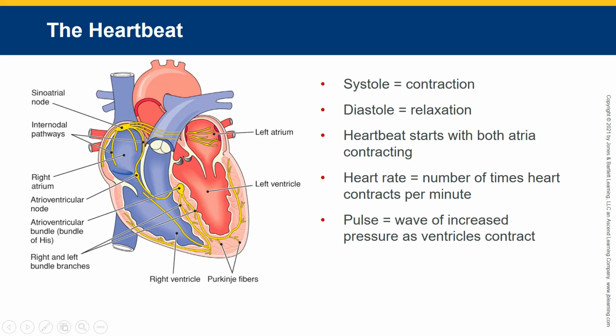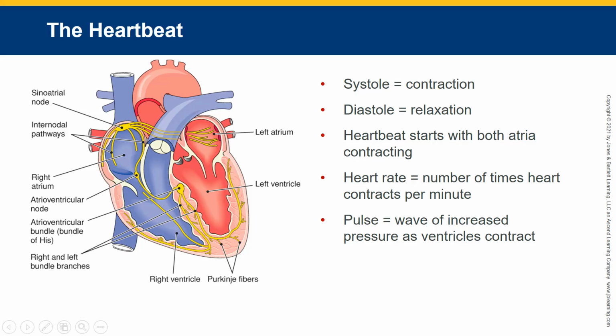A couple of things we're going to look at so that we can talk about how the electrical impulse happens. We have these areas, these groups of cells that we call nodes. And so we have a set of nodes at the atrioventricular axis in between the atrium and the ventricles.